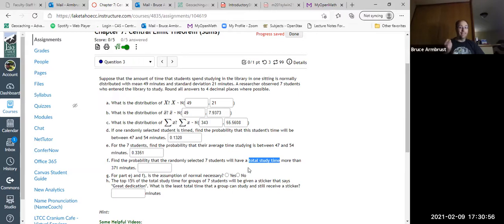Total, that means add stuff up. So total study time tells me I'm looking at a sum of my x's. So that distribution is going to have a very different mean and standard deviation.